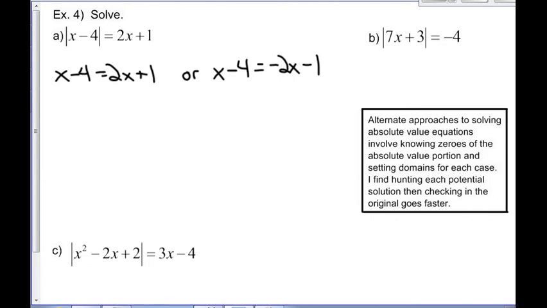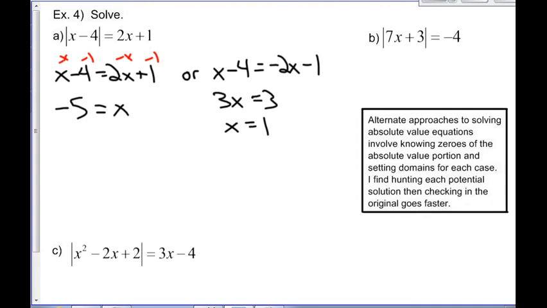Okay, now we're just going to solve, so I'll move over a 1, and I'll move over an x. That's going to give me x equals negative 5. For the other one, maybe I'll move the negative 2x over. That gives me 3x on the left, and I'll get positive 3 on the right, so x equals 1.